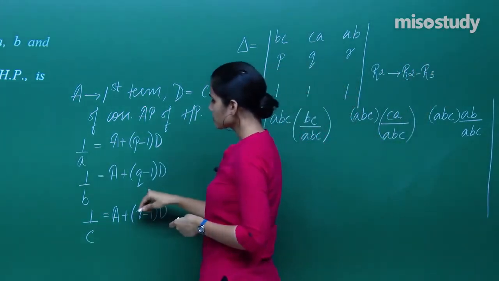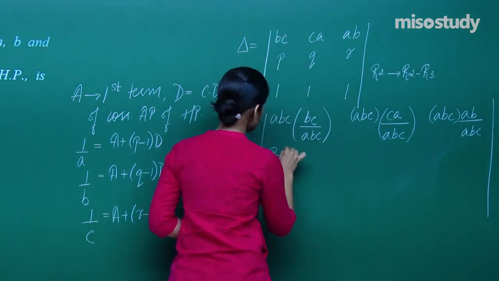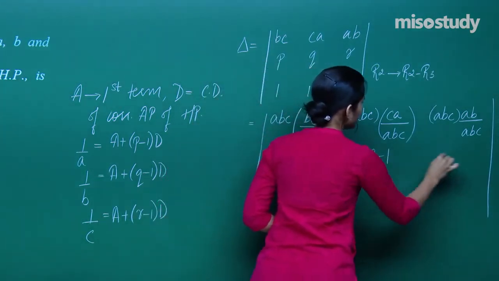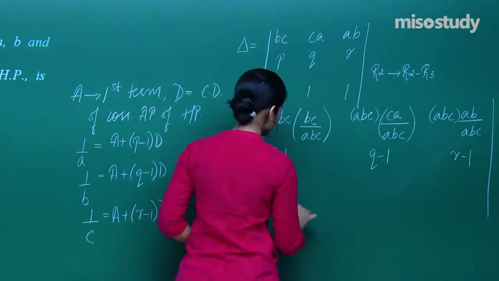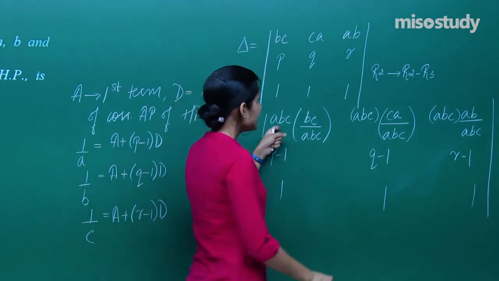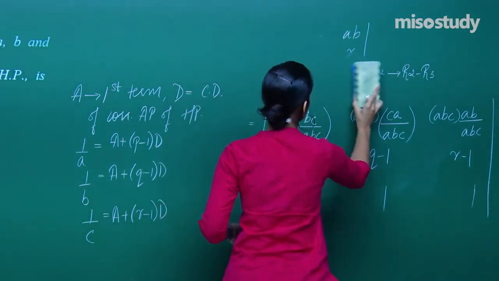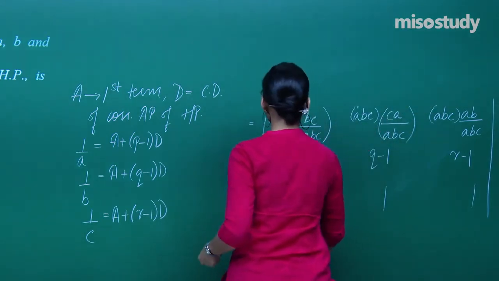Here we have p minus 1, q minus 1, r minus 1, we obviously need to use this. So build this setup, p minus 1, q minus 1, r minus 1, 1, 1, 1. ABC comes out common.